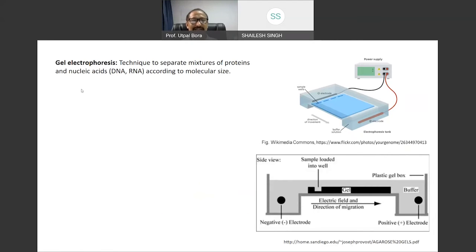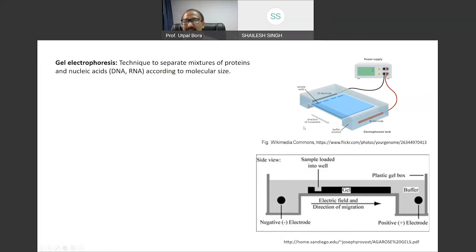So this technique, gel electrophoresis, is used to separate mixtures of proteins as well as nucleic acids, but we use, say, agarose gel electrophoresis to isolate bigger size DNA molecules, and then we use polyacrylamide gel for proteins, denatured proteins. We'll talk about denatured and native gel electrophoresis. But anyway, the principle is very, very simple.